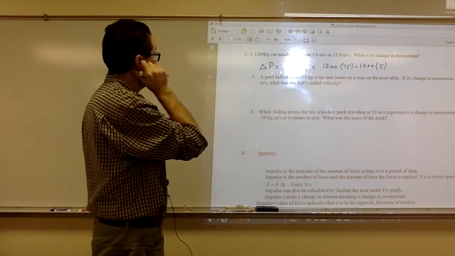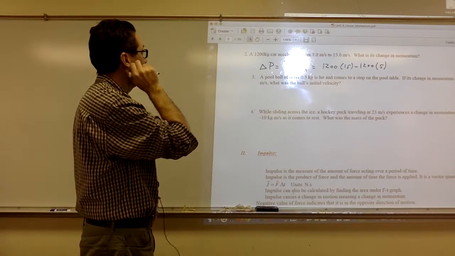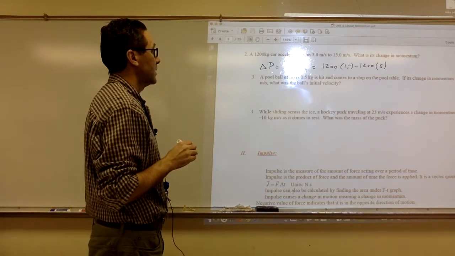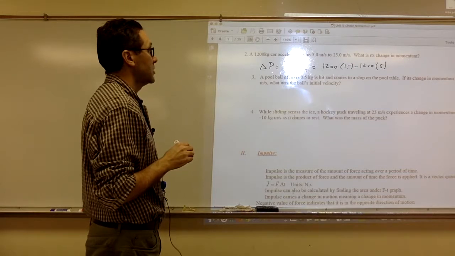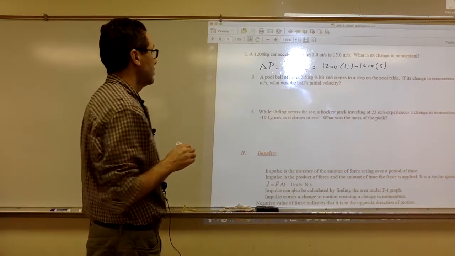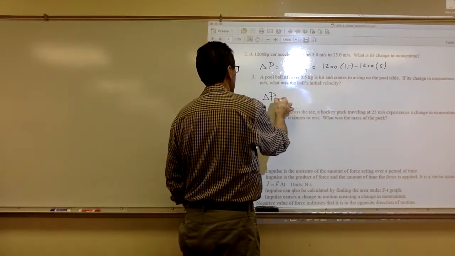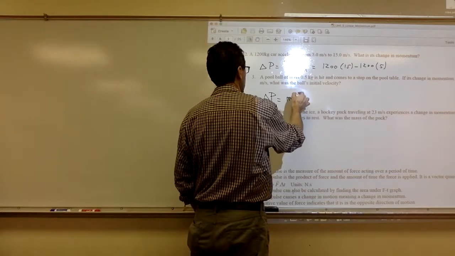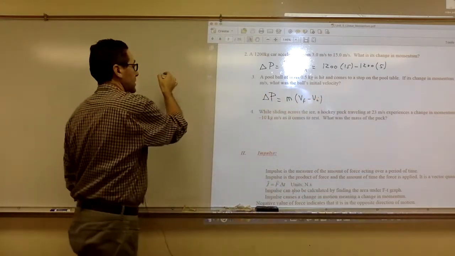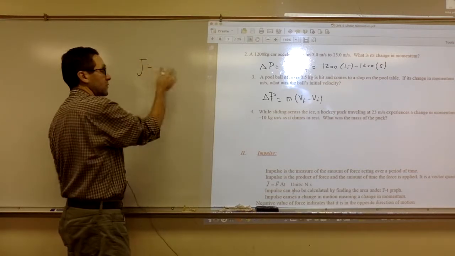Number 3: a pool ball of mass 0.5 kilograms is hit and comes to a stop on the pool table. If its change in momentum is negative 12 kilograms meters per second, what was the ball's initial velocity? Change in momentum equals m times final velocity minus the initial velocity. Remember the formulas I told you to put next to each other instead of looking at them separately.